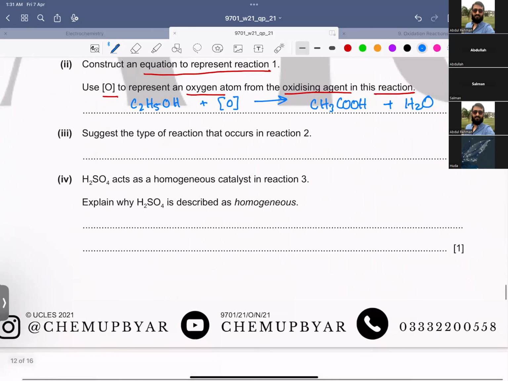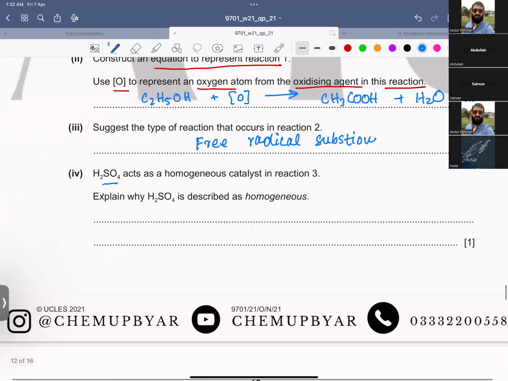So I would write it's a free radical substitution. Okay. Next part, sulfuric acid, H2SO4.